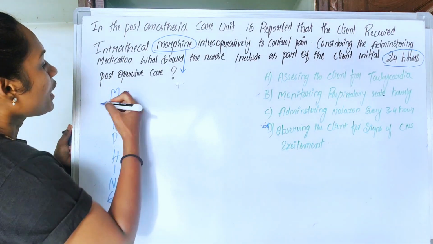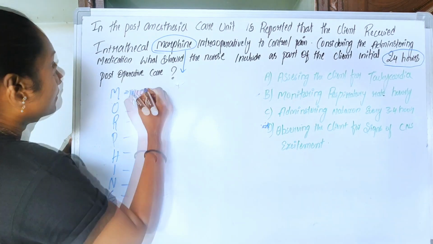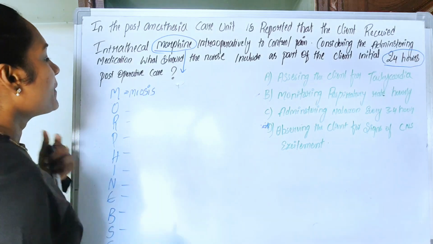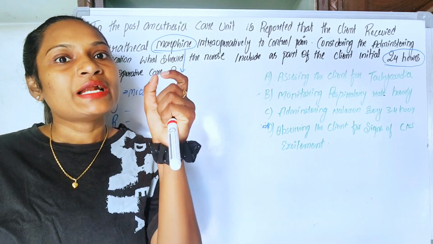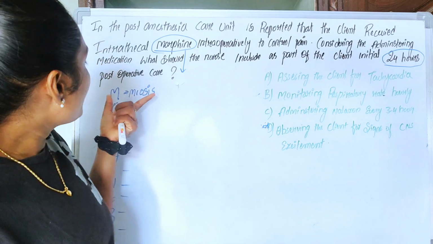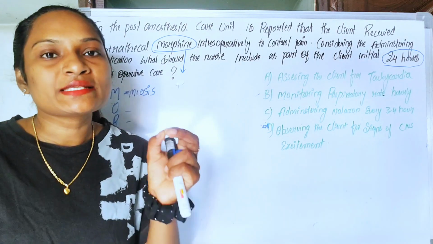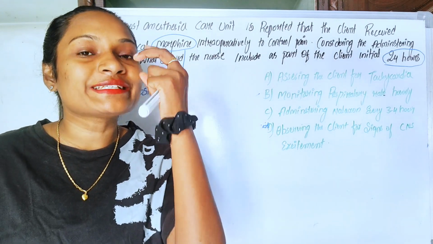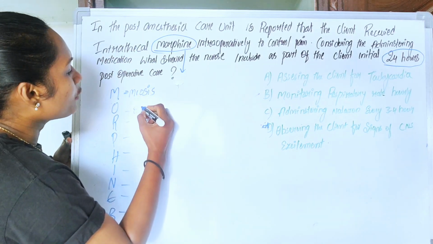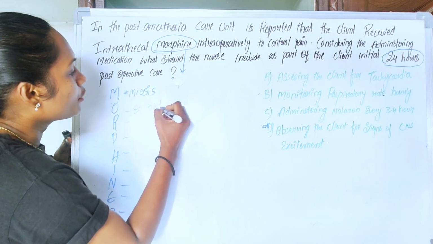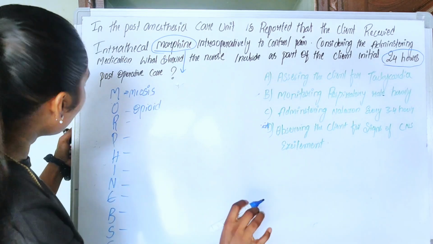First, M means miosis. Morphine causes pupil constriction. And O means opioid group. Morphine comes under the opioid group.